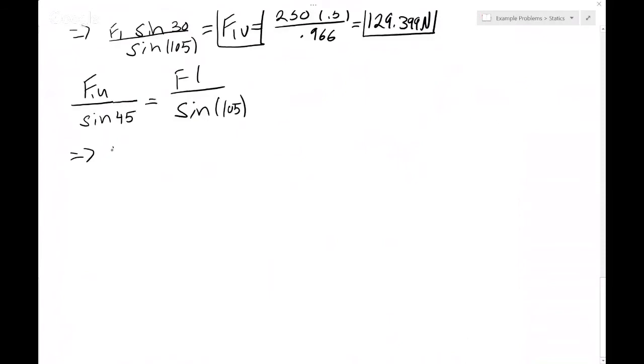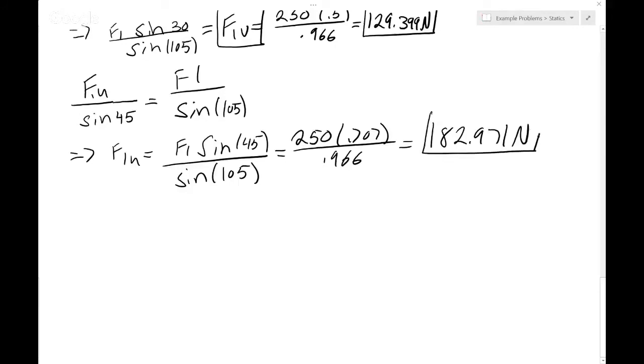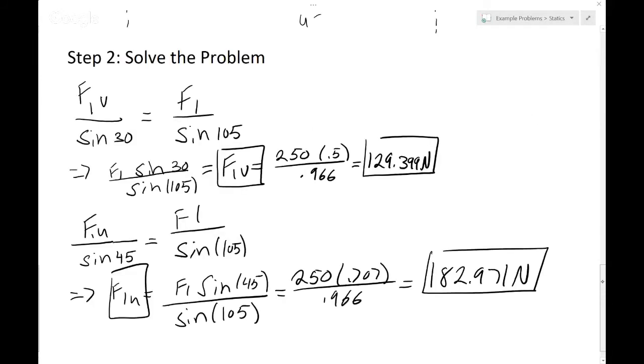And we'll get F1 of u, or force 1 in the u direction, is equal to force 1 times sine of 45 divided by sine of 105, which breaks down into 250 times 0.707, when you solve for sine of 45, divided by 0.966, which ends up coming out to 182.971 newtons, which is our two force components for our force number 1.